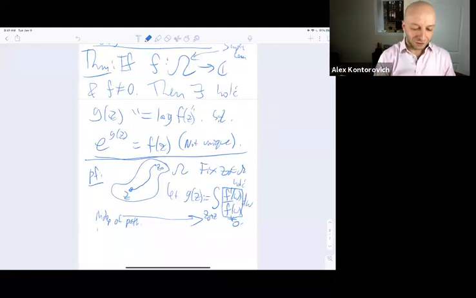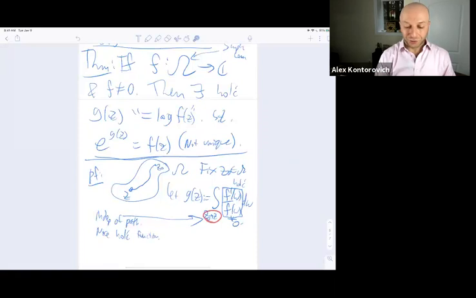So this is a nice holomorphic function. Holomorphicity is proved as usual. If you take g of z plus h minus g of z, that's zooming in on z changing by a little bit. So you can take a straight line or whatever, and this will be continuous in that area.